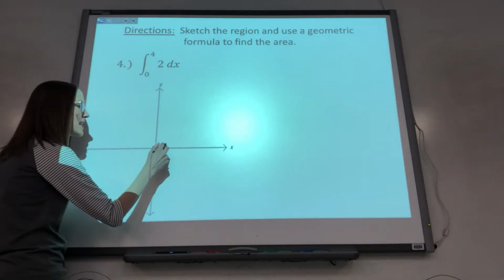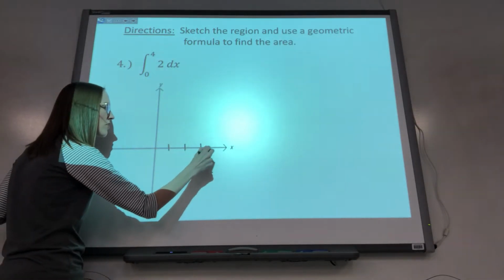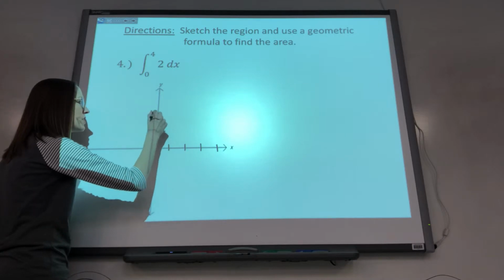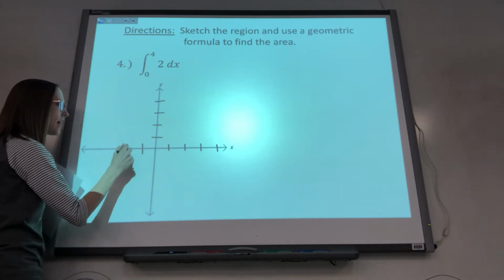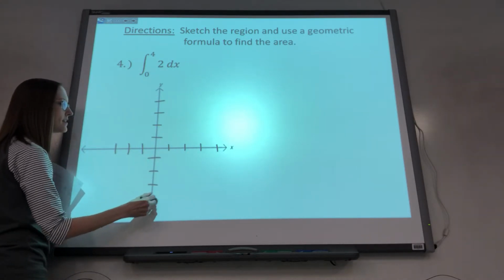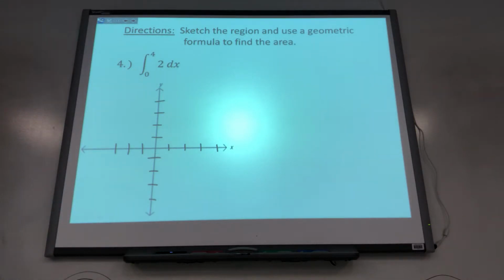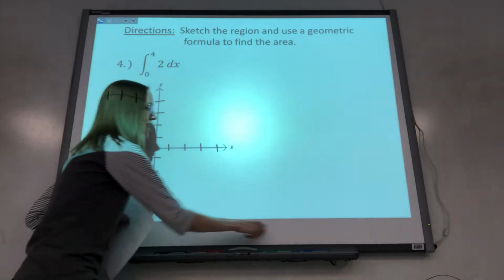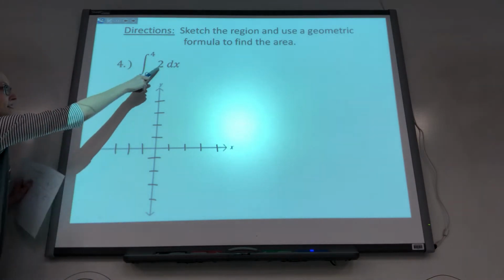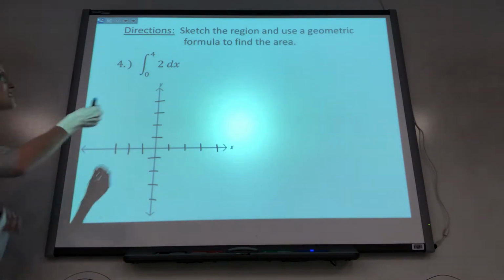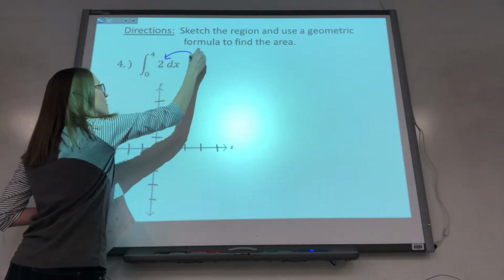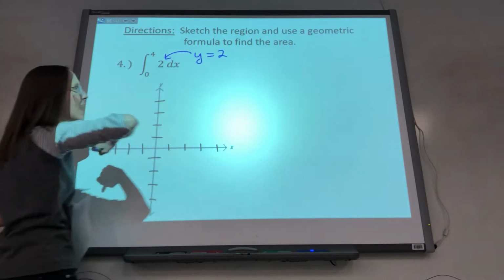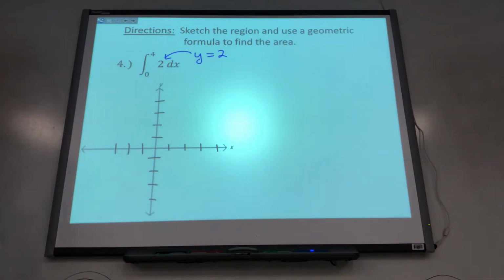Now, I'm going to go ahead and label a little bit. 1, 2, 3, 4. I think we're pretty well just on the right side. So, the function is just 2. Think about the graph of y equals 2, or f of x equals 2.